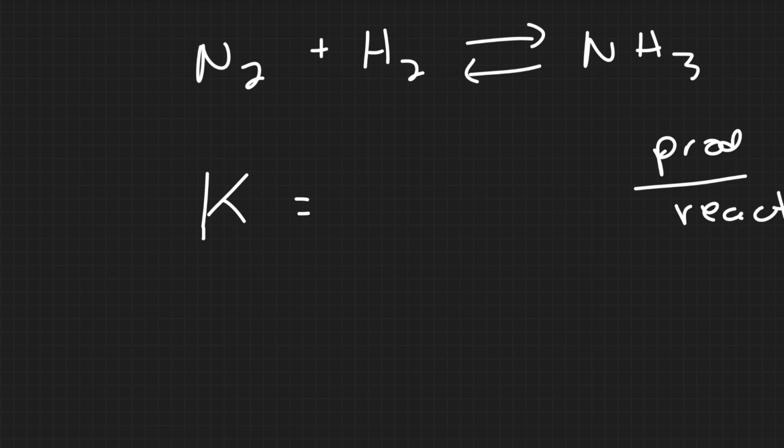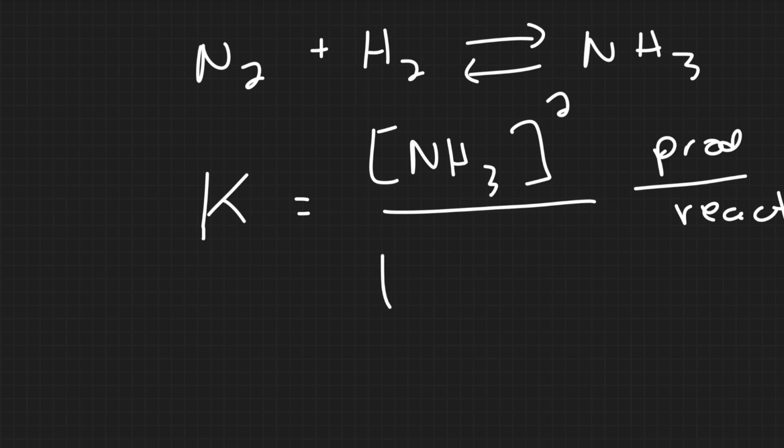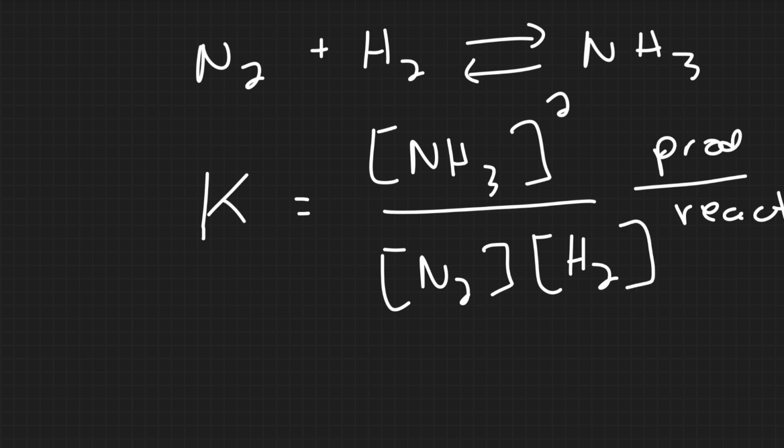So essentially this would be the concentration. Remember, we're doing these brackets here. That means concentration. We're not looking at moles or anything else. So it'd be NH3 to the power of 2, and then I would have the concentration of N2 times the concentration of H2. And that's how you write your equilibrium expression.